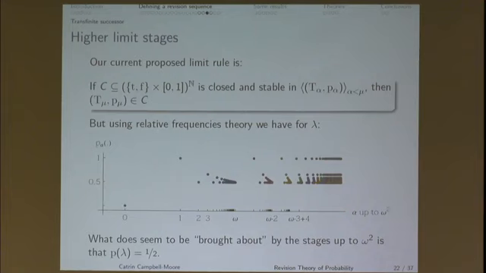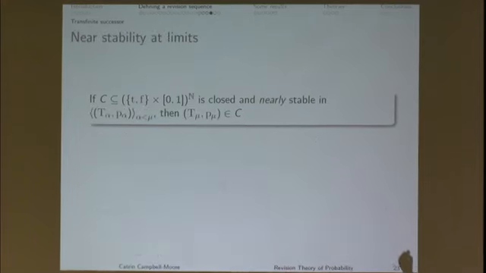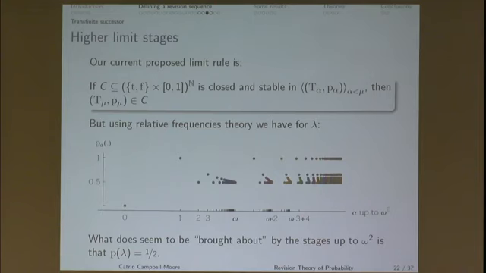Something that seems to be brought about by this revision process is that the probability is a half along each copy of omega. And that seems like a natural thing you might want to do to sum up this behavior, to put the probability being a half. So to get this, what we're going to do is not look at what was stable. Stable meant there's some ordinal beneath it such that from there onwards, it was always satisfied, or always in that set.